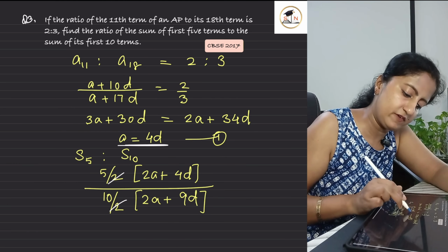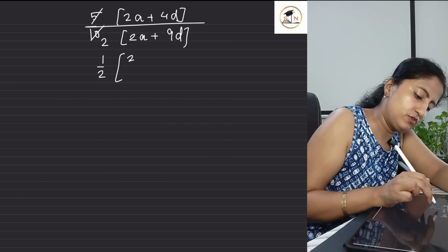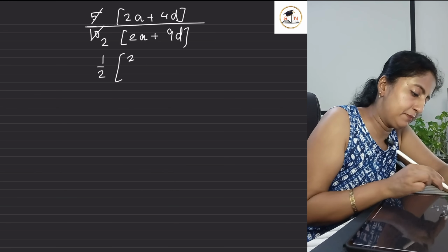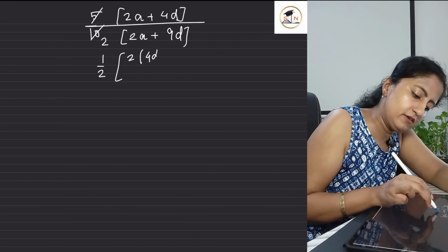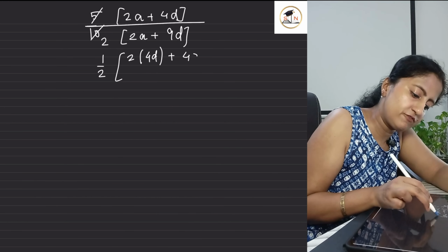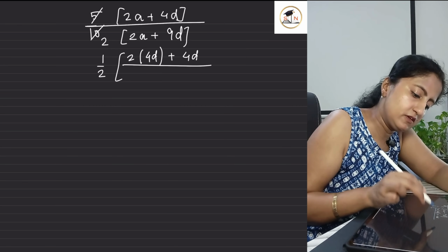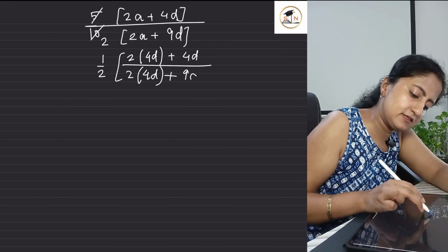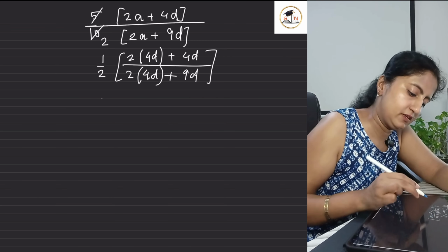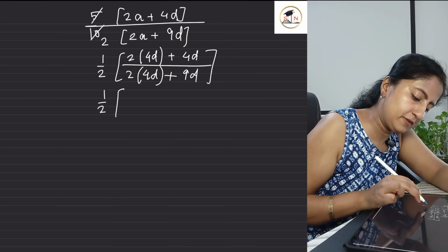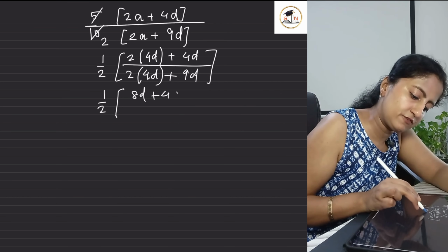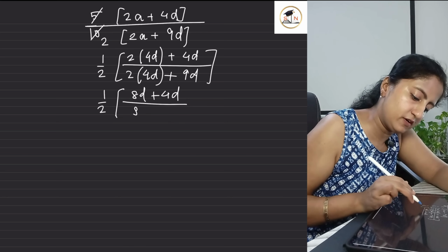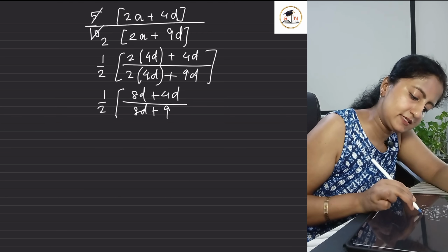That is what we had over here, right? So, 2A, in place of A, I'm writing 4D, plus 4D over 2 times 4D over here again plus 9D. Now, 1/2 remains outside and I get 8D plus 4D whole over 8D plus 9D.